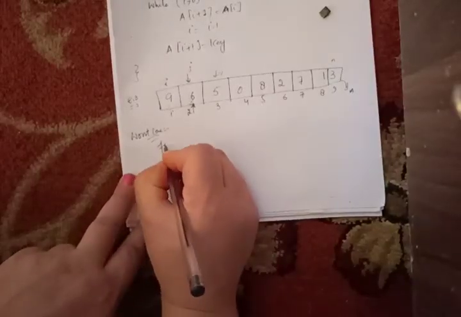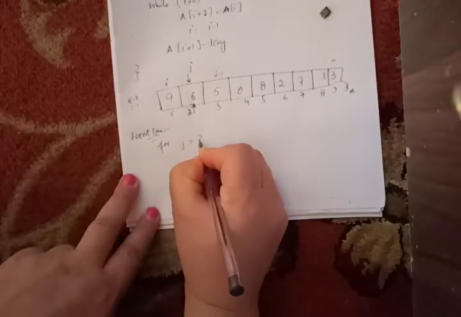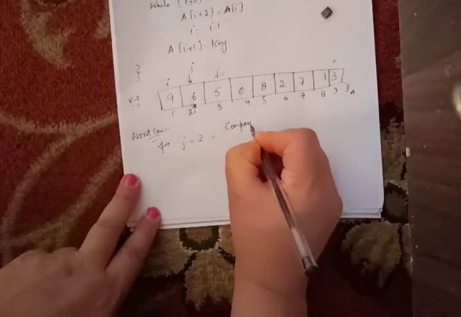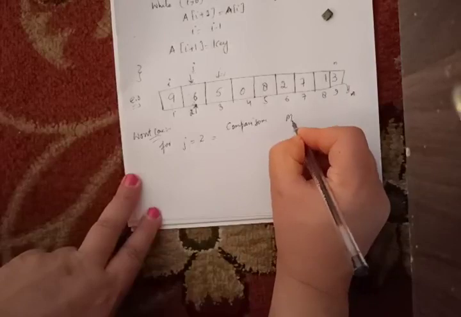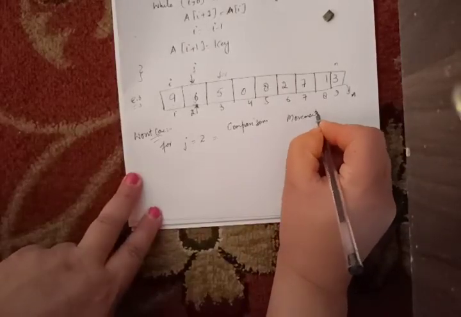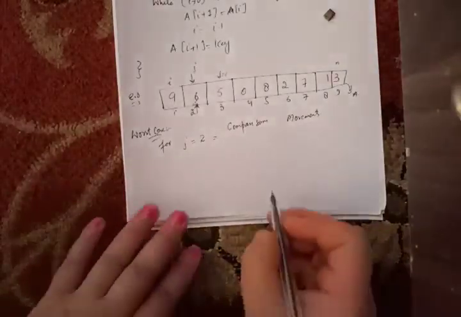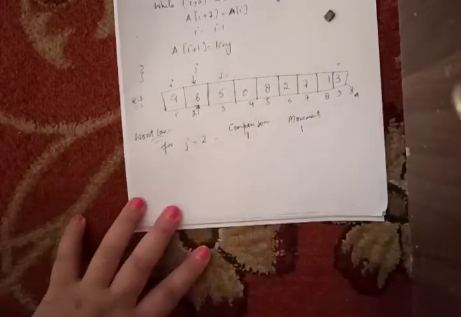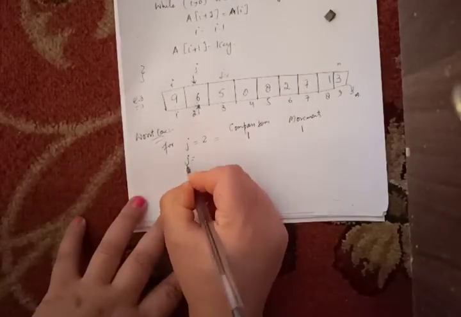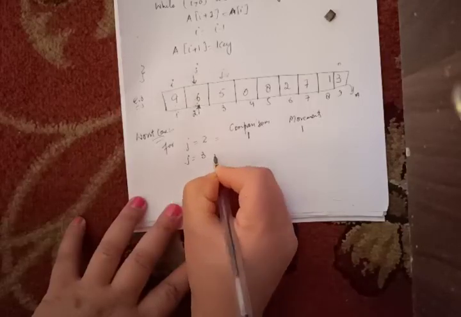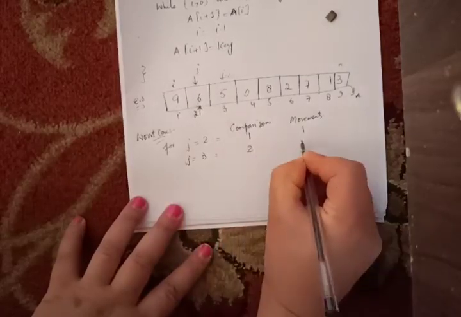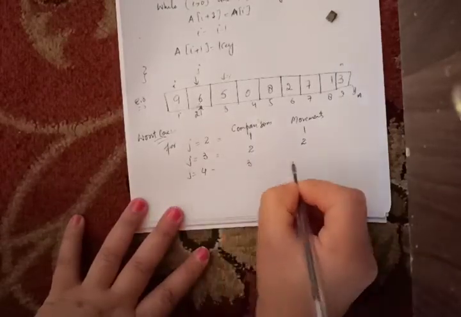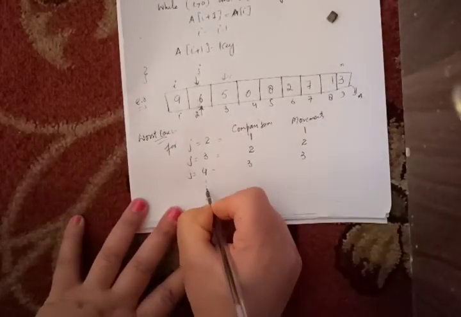So what I am saying is, when j is equal to 2, how many comparisons and movements do I have to perform? One comparison and one movement. Similarly, when I increment, j equal to 3, I have to perform two comparisons and two swap movements. When j is equal to 4, 3 comparisons, 3 movements, and so on.